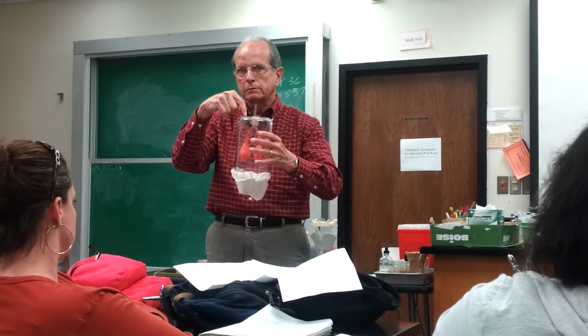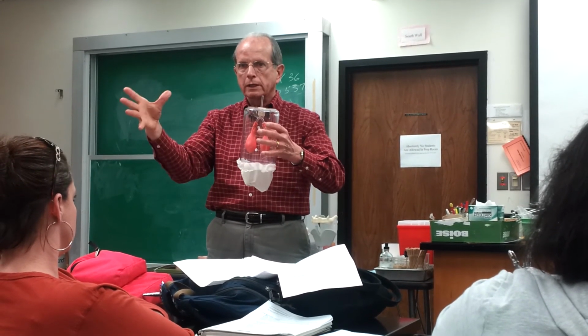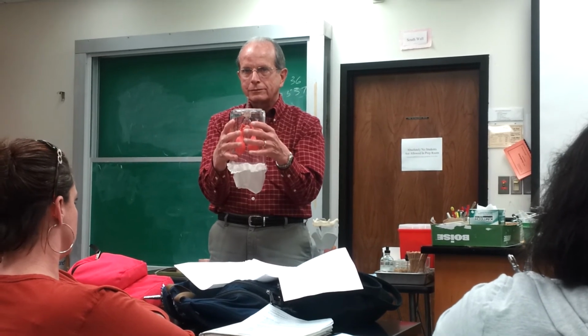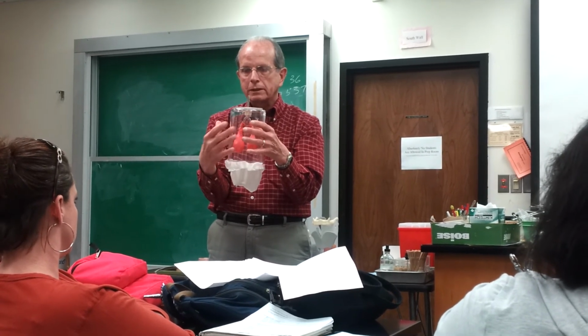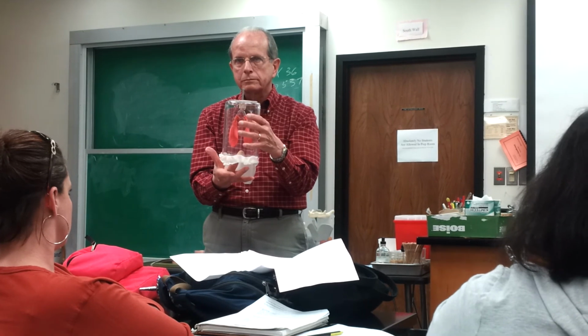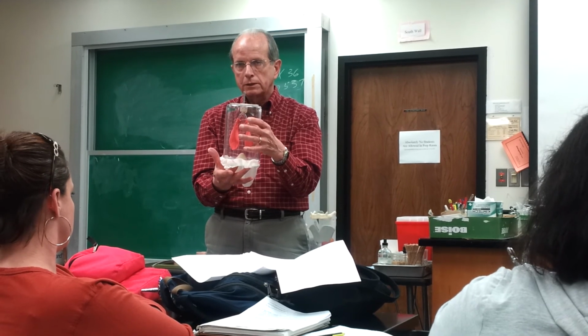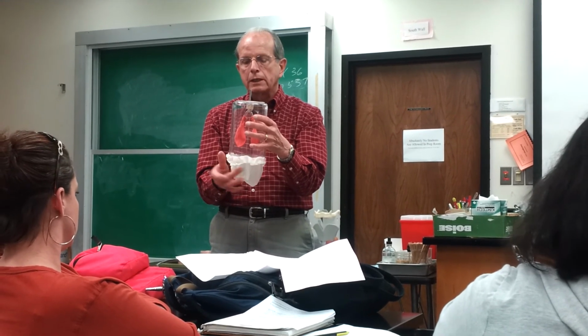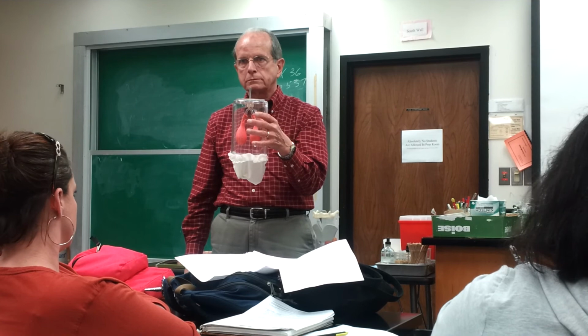Air moves in. When we relax, ribs move in and back, diaphragm moves up. We've decreased the volume and increased the pressure slightly, and air moves out. Does that make sense?